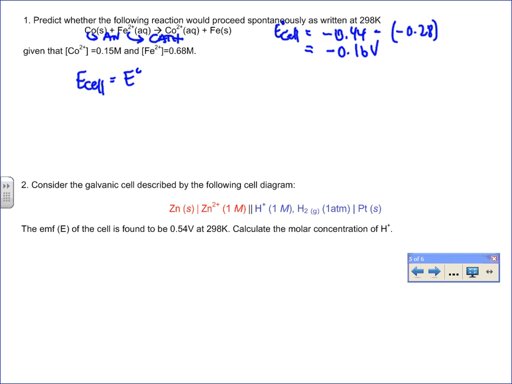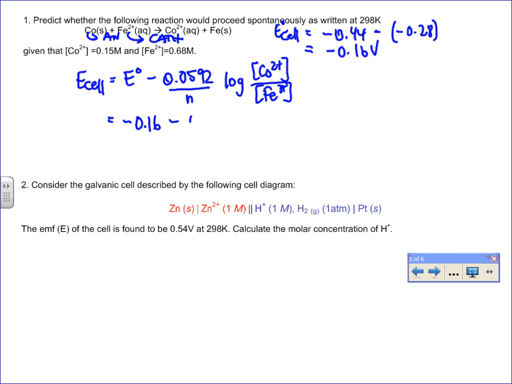So we want to use the Nernst equation to find the E cell of this reaction. So it's E naught minus 0.0592 over n log of Q, which is the concentration of cobalt over the concentration of Fe3+. Recall that pure solids will not be included in the equilibrium expression as they have an activity of 0. The E naught for this is negative 0.16.